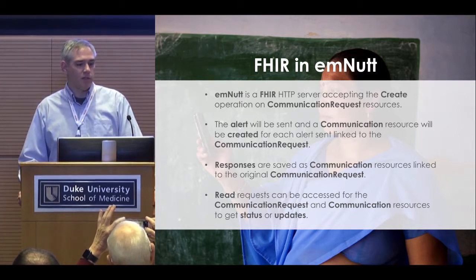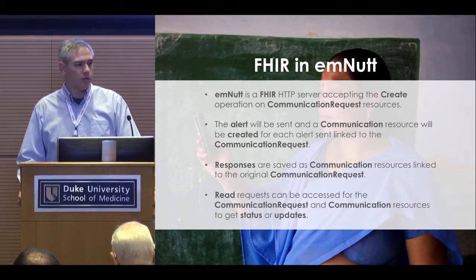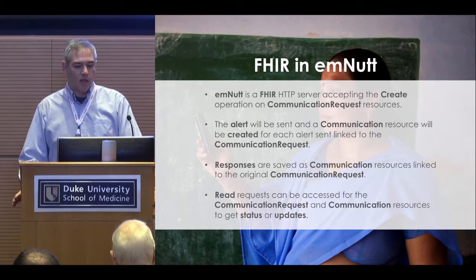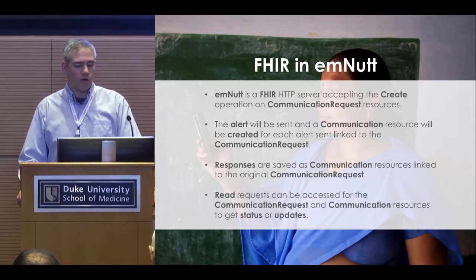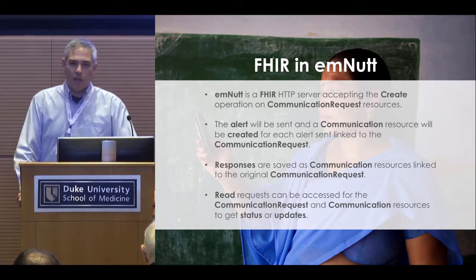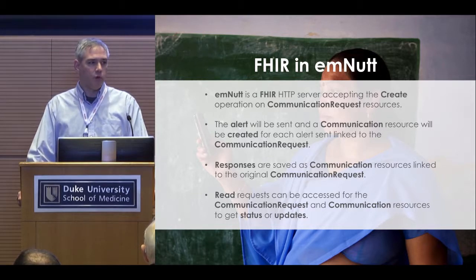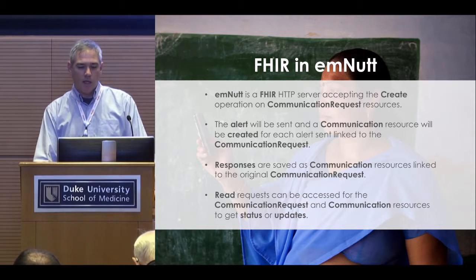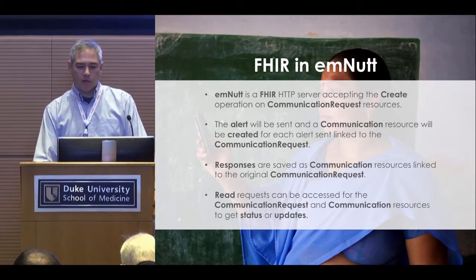You could also send messages to DHIS2, but it'll create the communication resource and also save that, and then if the person replies, it will create another communication resource, and they'll all be linked back to that first communication request. And then if anyone wants to get updates, you can query for the original request and any communications that have been made. And this is all just a standard FHIR server to handle that.